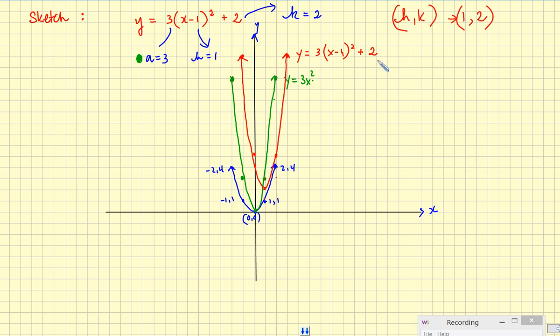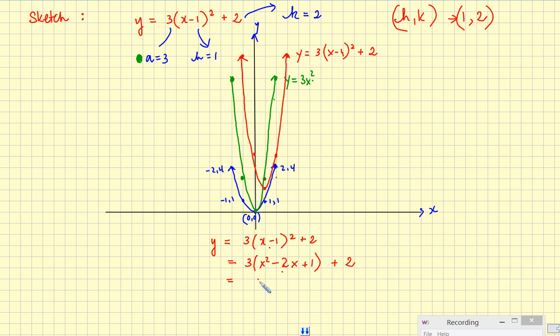Now, if I wanted to, I could actually expand this. How about if I expand this? And we'll make a really interesting discovery. So let's expand y is equal to 3 bracket x minus 1 all squared plus 2. I end up getting 3 bracket x squared minus 2x plus 1 plus 2.